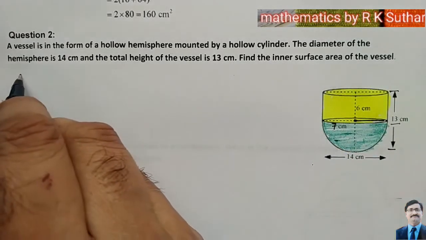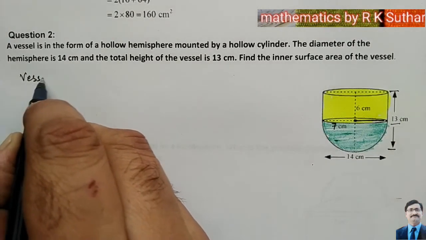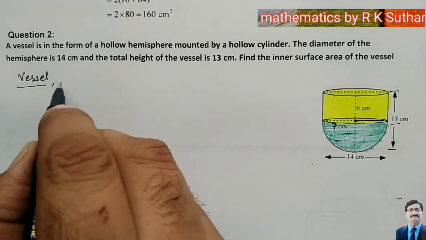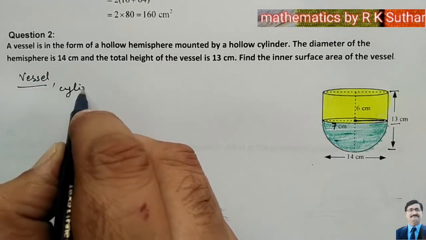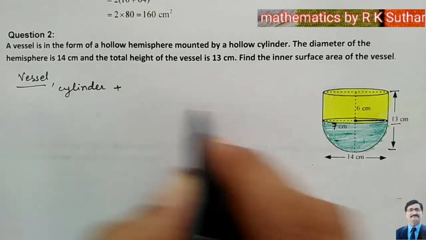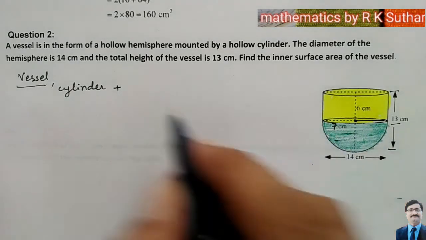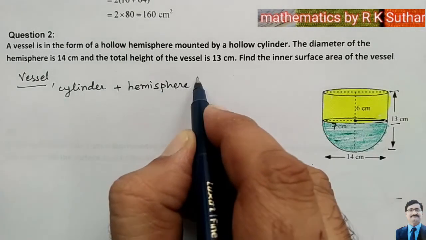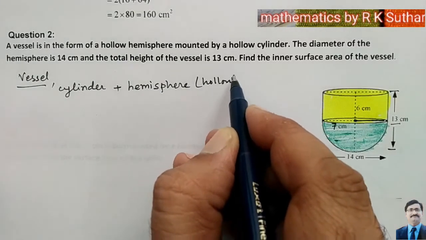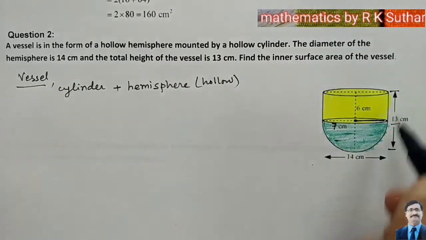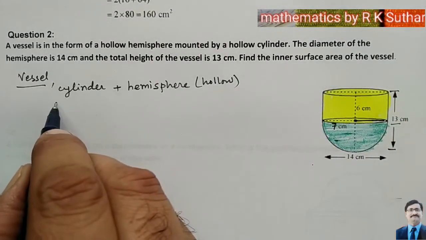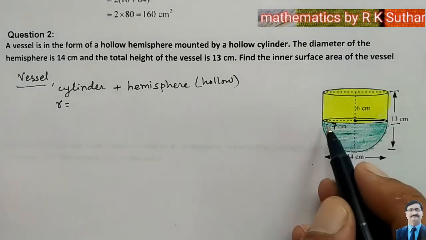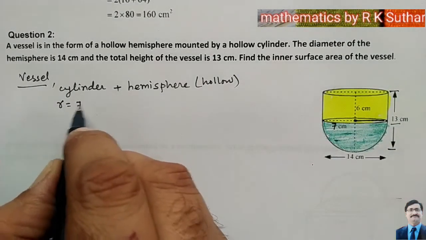Since this is a vessel, it is hollow from the top. So we will have a cylinder and a hemisphere, and both are hollow, with the top open. We write the radius of the cylinder, which is the same as the radius of the hemisphere, so that is 7 centimeter.